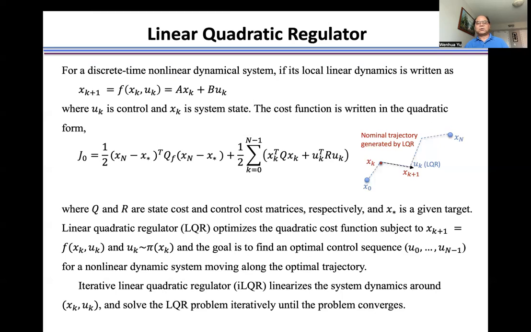The idea we introduce here is the iterative linear quadratic regulator. That means we start from the linear quadratic regulator result and find improvements or modifications step by step to reach the real nonlinear dynamic.